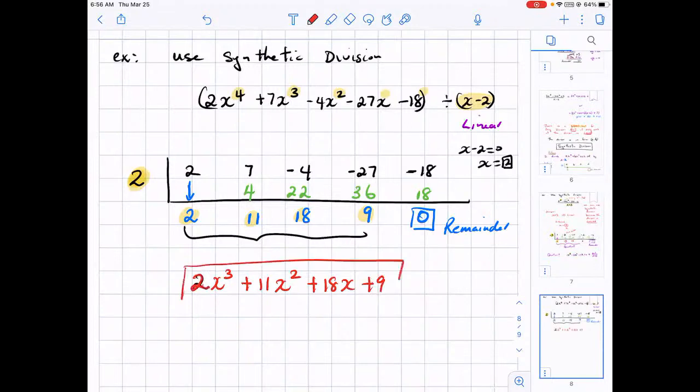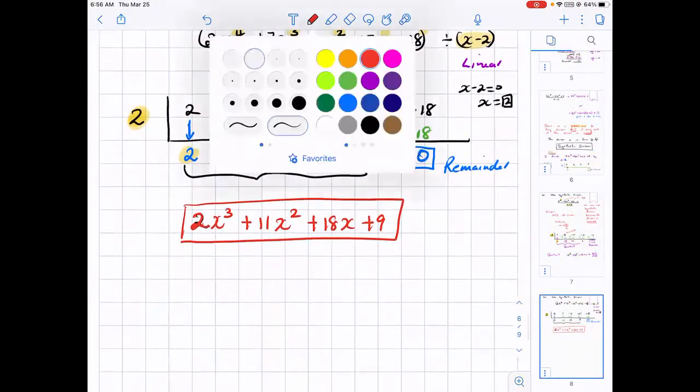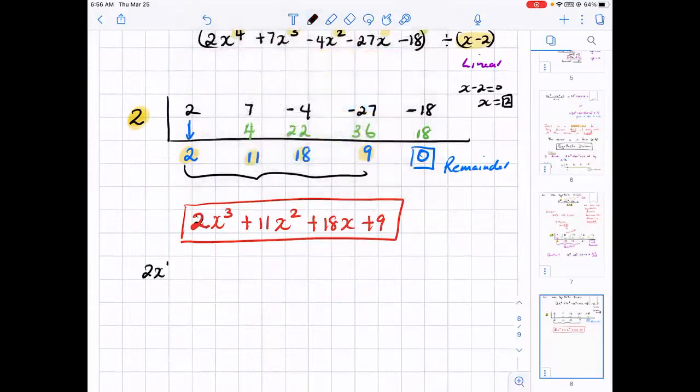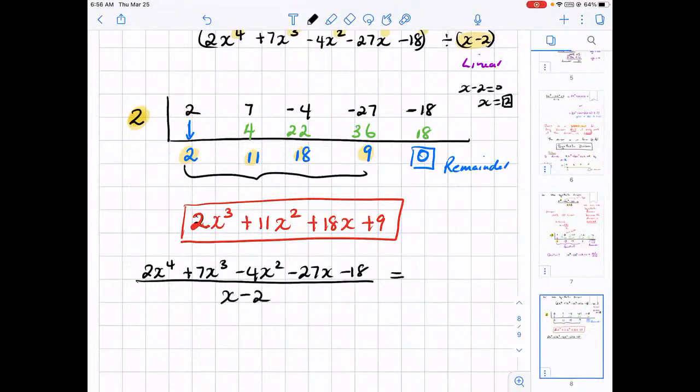This is our answer, or the quotient. So 2x to the 4th plus 7x cubed minus 4x squared minus 27x minus 18 divided by x minus 2 is equal to 2x cubed plus 11x squared plus 18x plus 9.